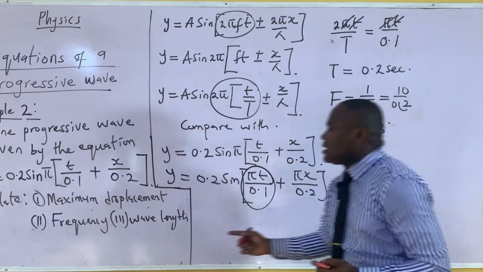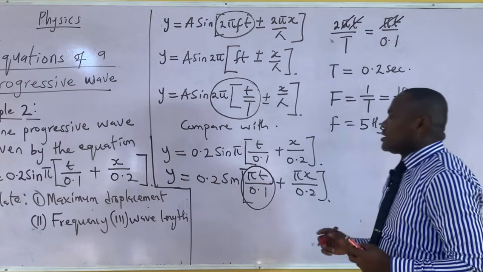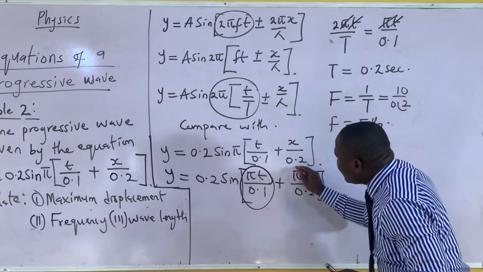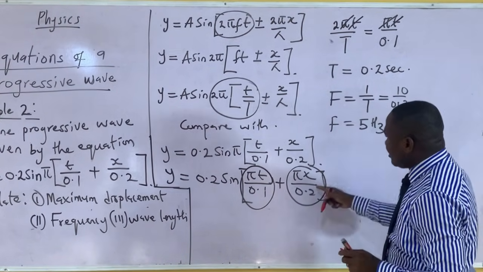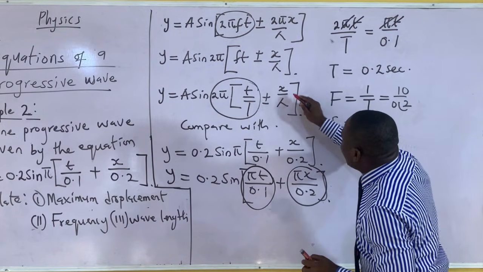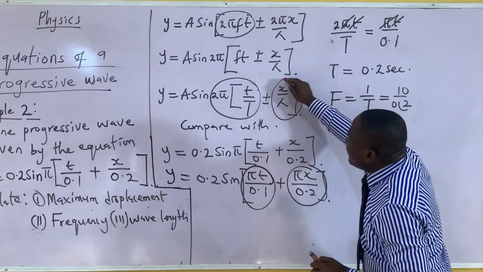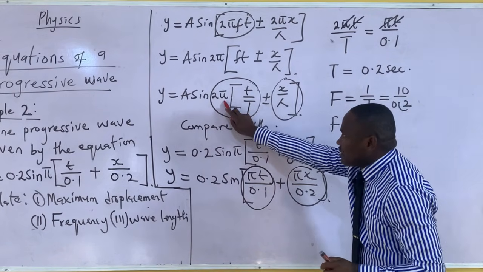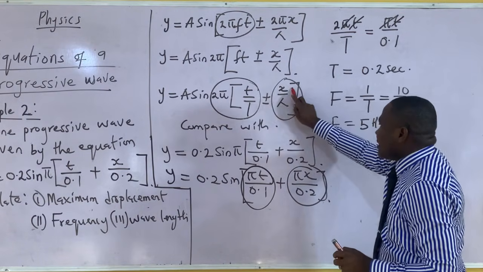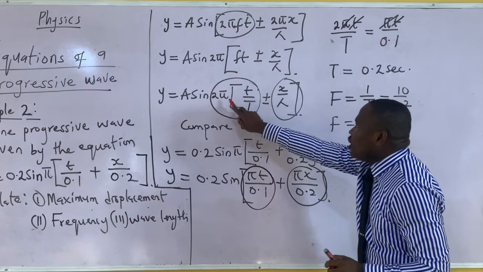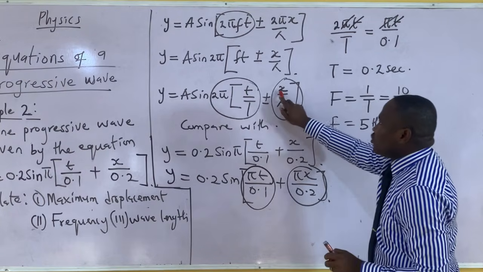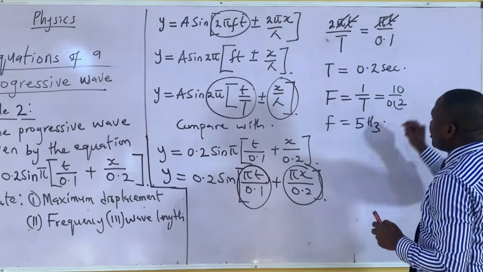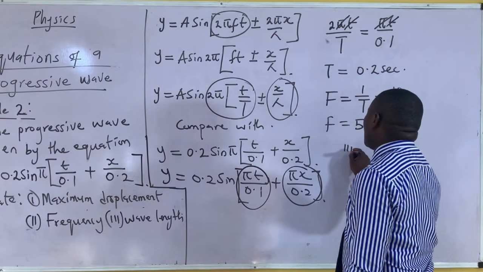Now, if I have frequency as 5 Hz, the next question says calculate the wavelength. To get the wavelength, I'll be comparing here with here. Now remember, this 2 pi will multiply x also because it's outside the bracket. It will multiply x just as it was used to multiply t to get 2 pi t. So also it will multiply x to give us 2 pi x. So to get the wavelength, I'm now solving for number 3.